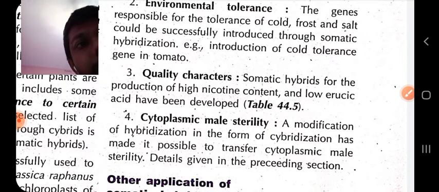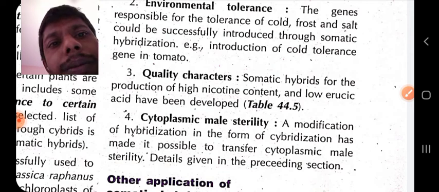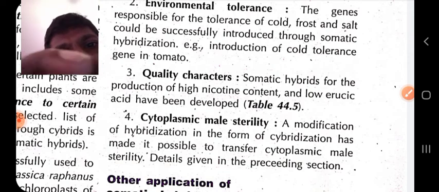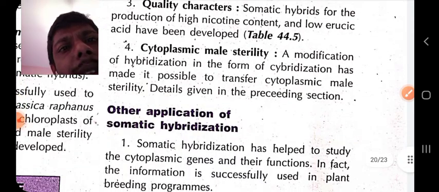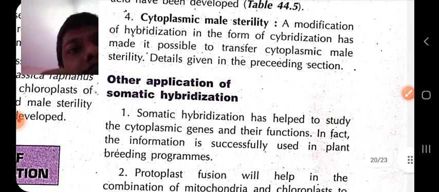Cytoplasmic male sterility, I have already said that a modification of hybridization has made it possible to transfer the cytoplasmic male sterility. Other applications: somatic hybridization has helped to study the cytoplasmic genes.